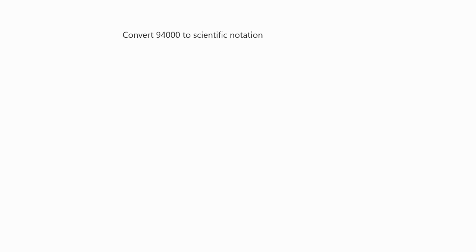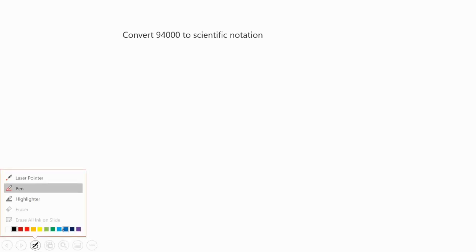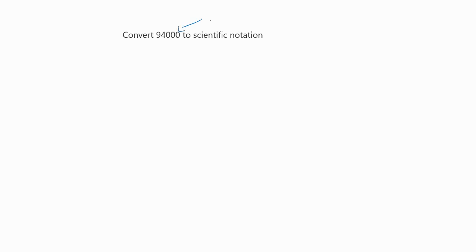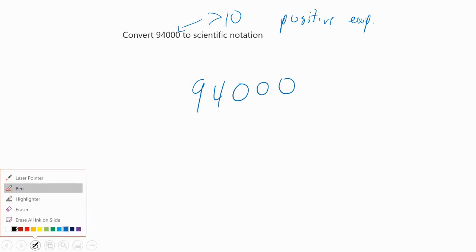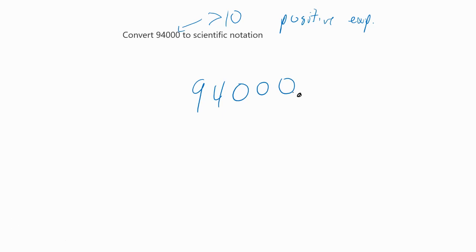The next one is a positive number. So we're going to want a positive exponent. This is much greater than 10. So we're going to have a positive exponent when we're all done. So 94000, right? We want to move that decimal so that there's only one non-zero number to the left.